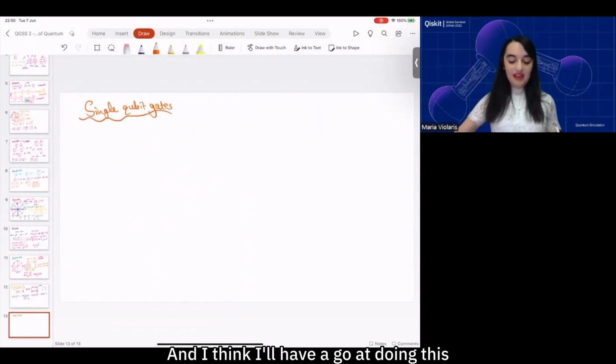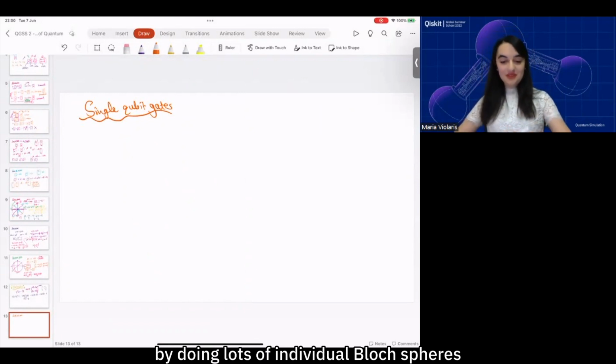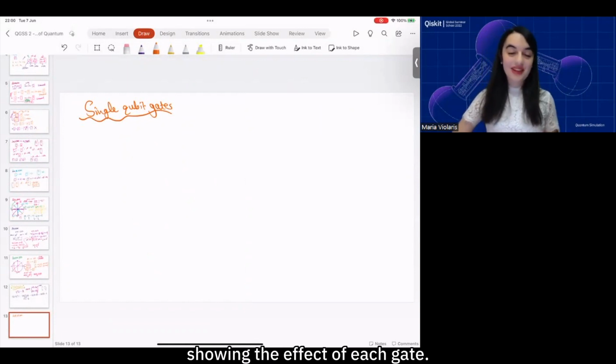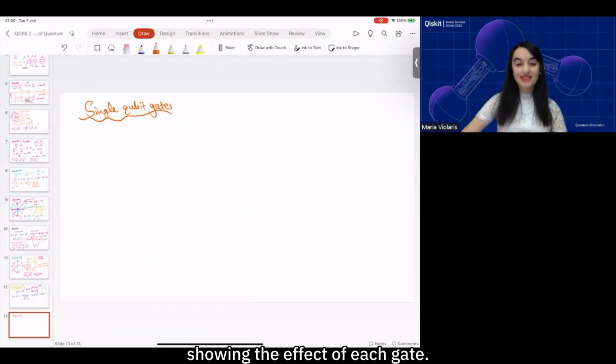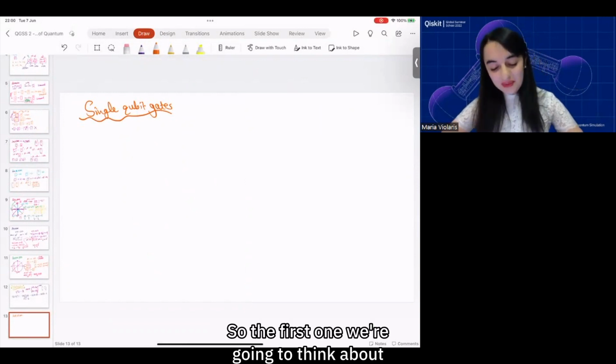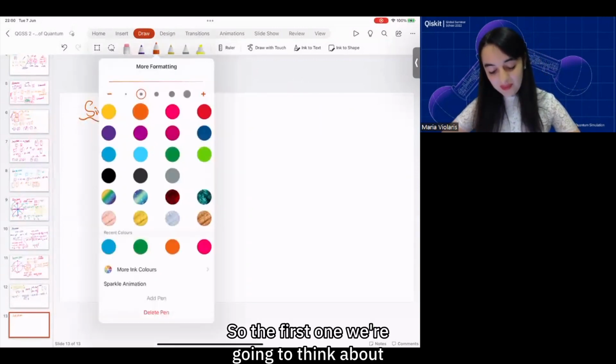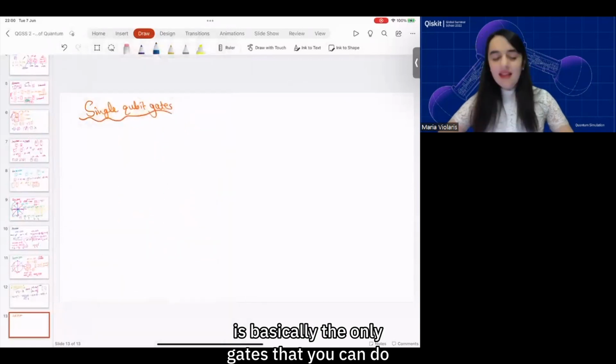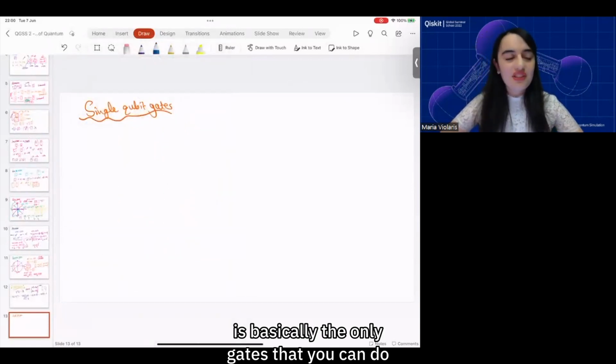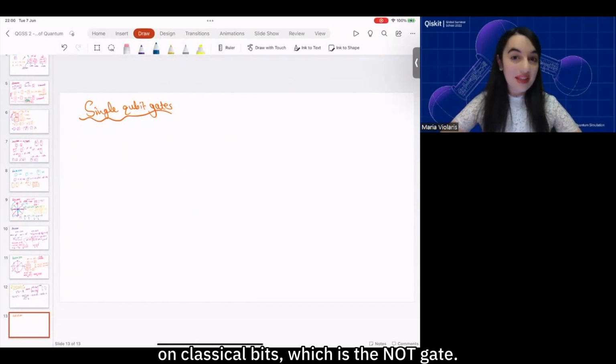And I think I'll have a go at doing this by doing lots of individual Bloch spheres showing the effect of each gate. So the first one we're going to think about is basically the only gate that you can do on classical bits, which is the NOT gate.